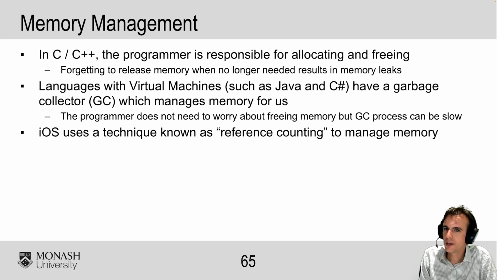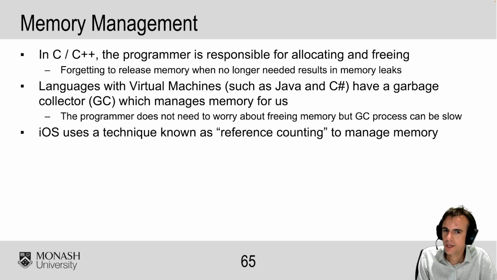And what happens there is that the virtual machine scans the heap and the stack, and it looks for references to things, and it is quite clever about freeing them, but it goes through this process periodically. And the downside of that is, while we don't need to worry about freeing memory, the garbage collection process can be slow.